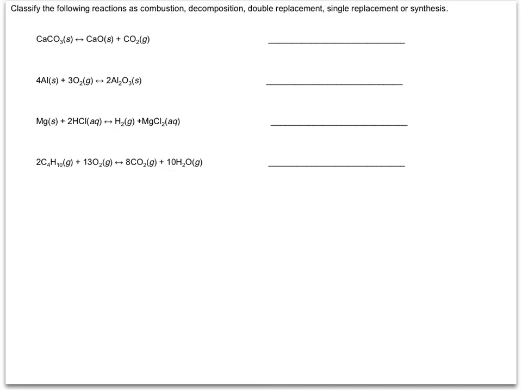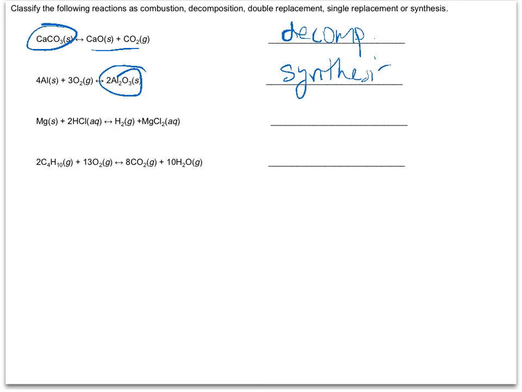All right, classify the following reactions as combustion, decomposition, double replacement, single replacement, or synthesis. Okay, very easy. We have one reactant, and it's yielding more than one product. This is decomposition. Okay, we have one product and more than one reactant, so this has to be synthesis, or combination, as it's sometimes called.